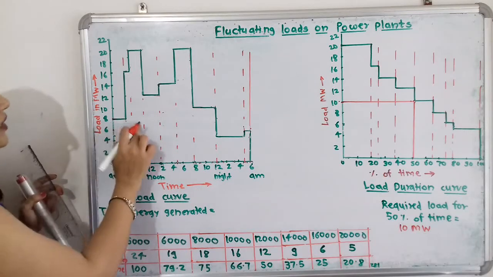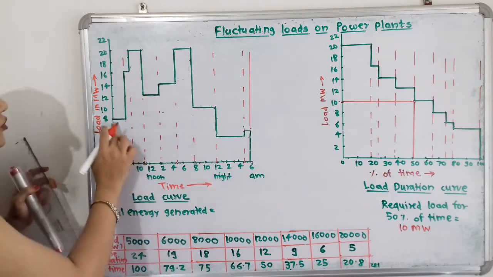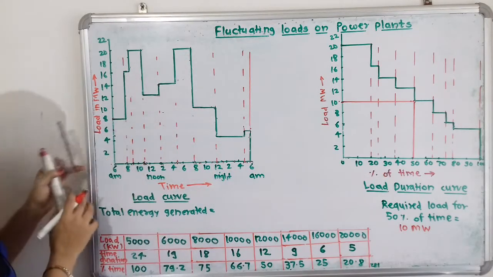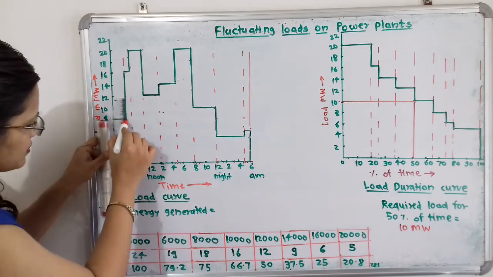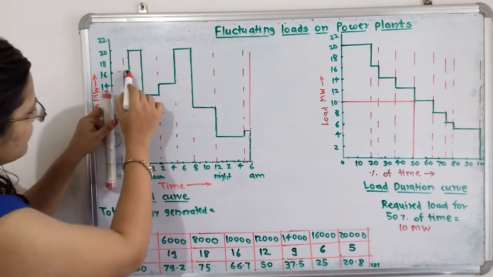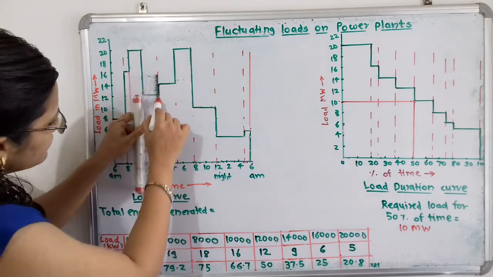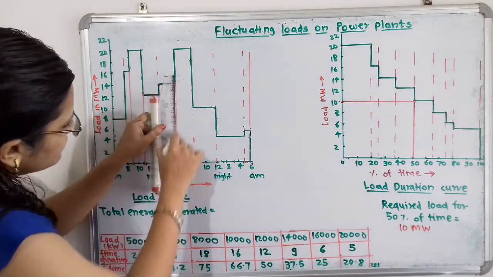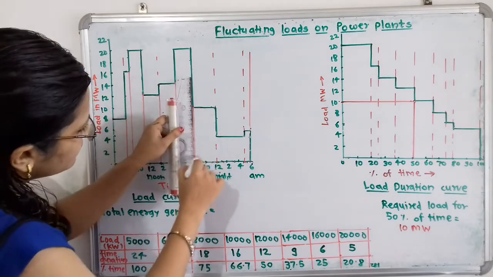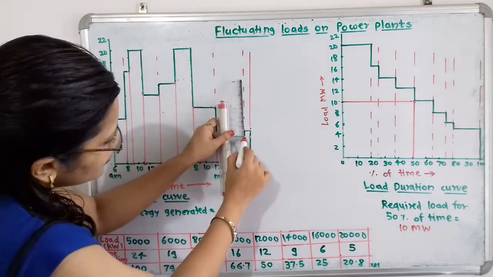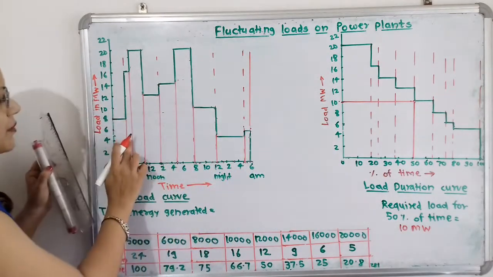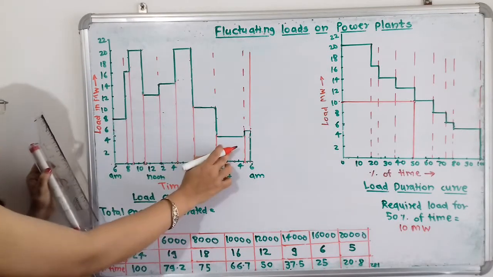So how to calculate the area under this curve? There are different sections. Suppose if I join these sections, then we will observe this. The area under the curve is nothing but the addition of all these areas.